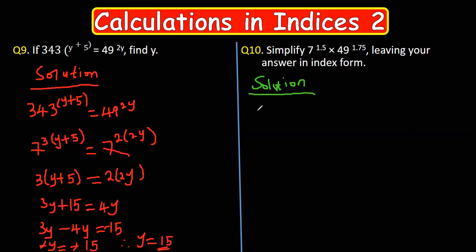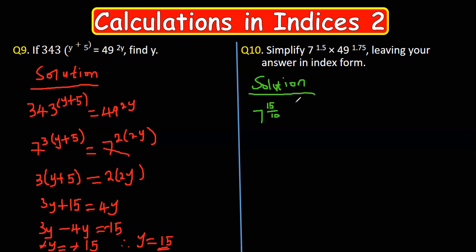So 7 raised to the power of 1.5 is going to be 7 raised to the power of 15 divided by 10. So you just multiply each index by 10 to convert to a fraction. When we do that, we should be able to solve the problem. But if you don't do that, it's going to give us problems.